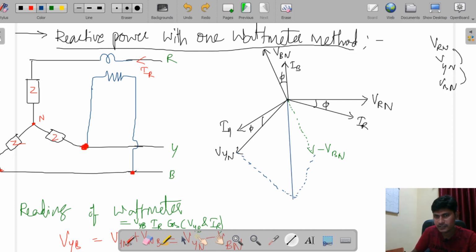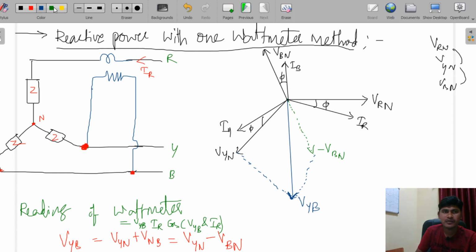Actually, after drawing the phasor diagram, the phasor sum of these two will be VYB.